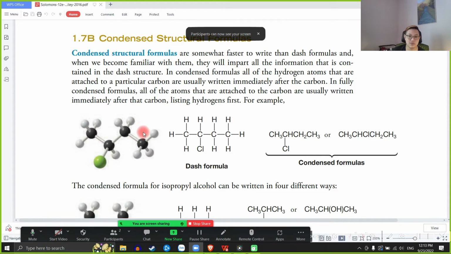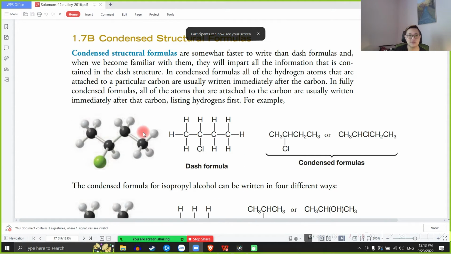And now we move on to 1.7, condensed structural formulas. Sometimes we want to save time, so we can write condensed structural formulas. Look at this dash formula. You have a chlorine at the second C. You can just eliminate all the dashes. It becomes condensed, like CH3, CH, connected to the Cl here, and then CH2, CH3.